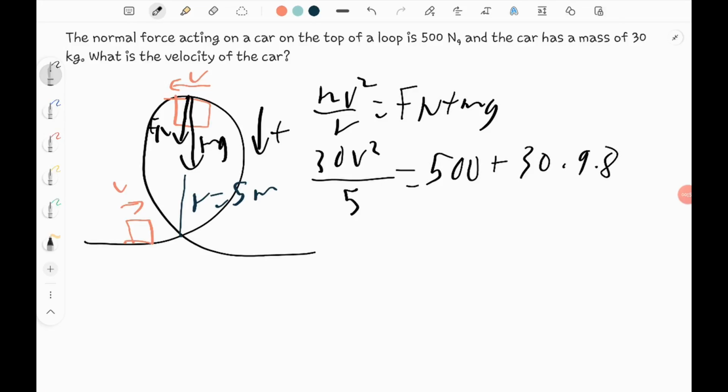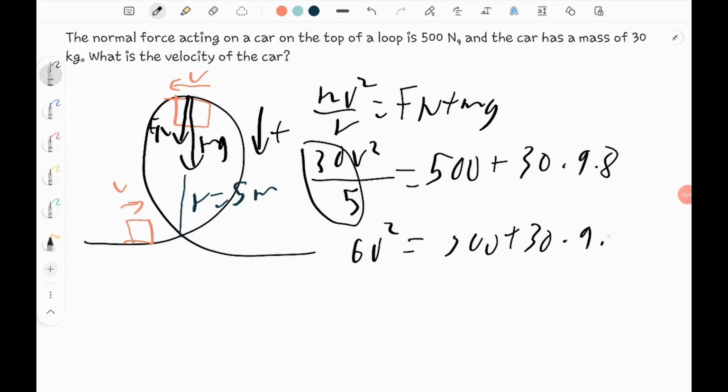So simplifying this a little bit, we get that this here is 6 v squared, and that's equal to 500 plus 30 times 9.8. And if you add this together, you'll get a value of 794. 30 times 9.8 is 294.